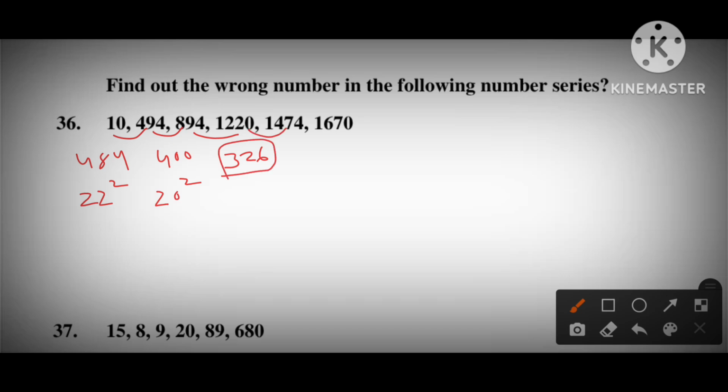Here the next difference we see is 4, 5 and 2, 254. It is also not any square. Here we see a difference of 6, 9 and 1. It is a 14 square. So it must be 18 square and it must be 16 square. These two are wrong means in between them 1220 is our wrong number.